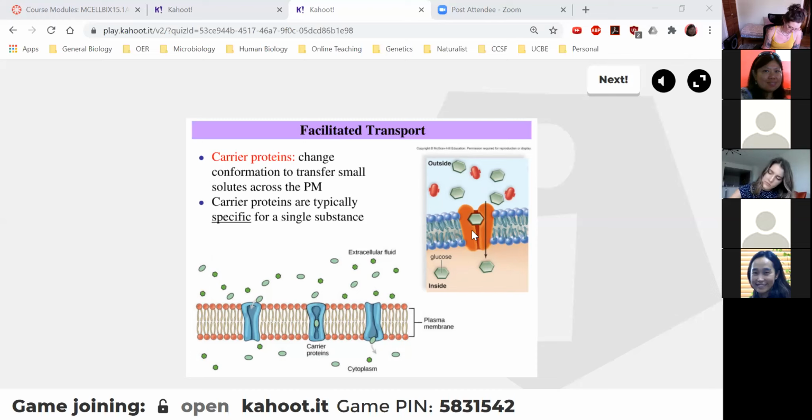These carrier proteins are usually very specific to whatever they're transporting. So a glucose transporter probably won't bind to another sugar like fructose, even though, strictly speaking, fructose is very similar to glucose. A lot of these are very, very specific.